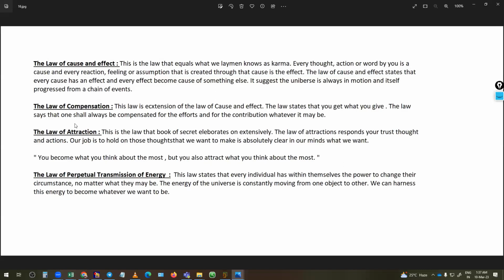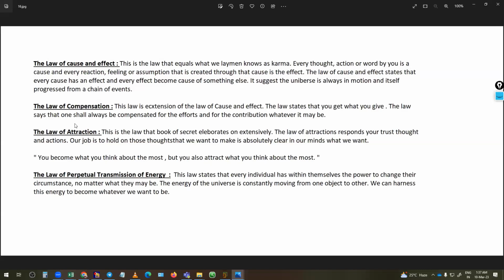Wallace Wattles says that, simply put, energy from the formless realm is constantly flowing into the material world, and this energy is limitless and inexhaustible. As old forms are exhausted, they give way for new forms to emerge.